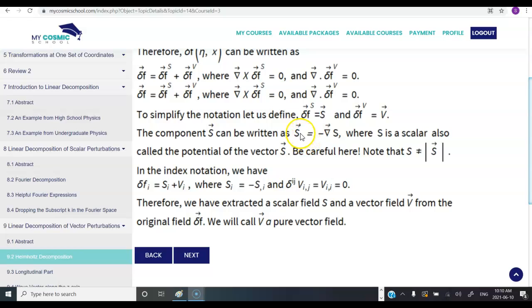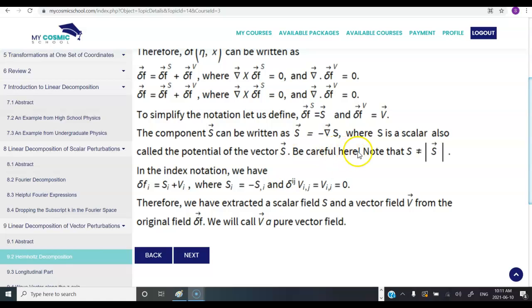So we are now writing the scalar part of this original vector. Delta f I am decomposing into s and v. S will give me the potential; s I can write in terms of the potential. V is the transverse component which I am not interested in. And they are subject to the condition that the curl of s is 0 and the divergence of v is 0.